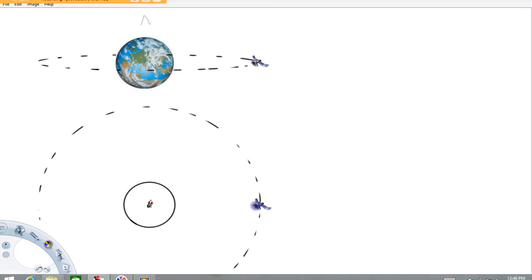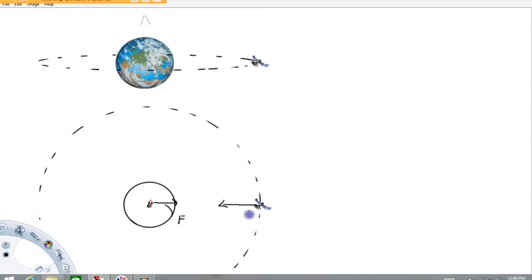The gravitational force on the satellite in this picture would be this way, and I'm going to draw that in black. That's the force of attraction between the satellite and the Earth. I could put a gravitational force on the Earth if I wanted, but my free body is of the satellite. It's important to realize the acceleration direction.